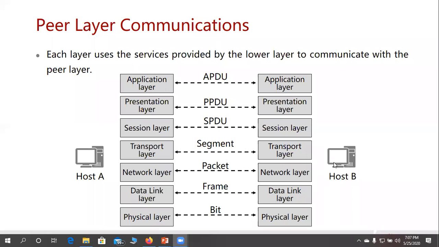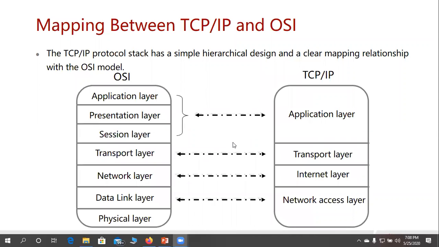When it reaches the other PC, data will start moving up, okay? So when we are moving up, the headers we have added, this time around we're going to remove. The process of removing the header is called decapsulation. Until the data reaches the application layer, that's when host B will understand that information.